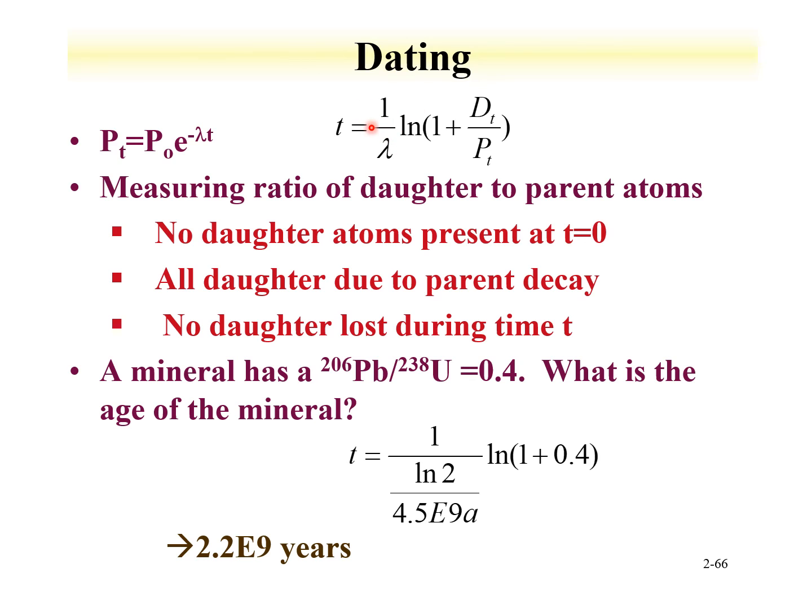The daughter is not present at time 0. At time t, the ratio of the daughter to the parent is 0.4. So this becomes the inverse of the decay constant times the log of 1.4, and you get 2.2 billion years.